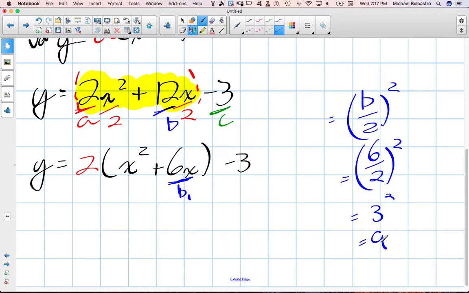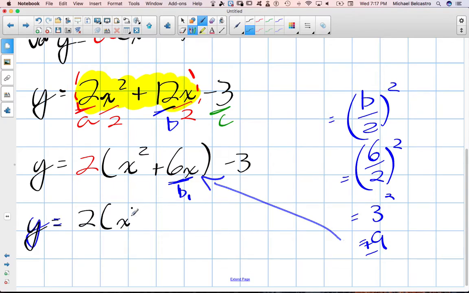Great. Now, what we're going to do is we're going to add and subtract 9 in these brackets here. Okay, so we're going to take its value and we're going to put it back into these brackets. So y is equal to 2x squared plus 6x. Notice all these terms are still the same.